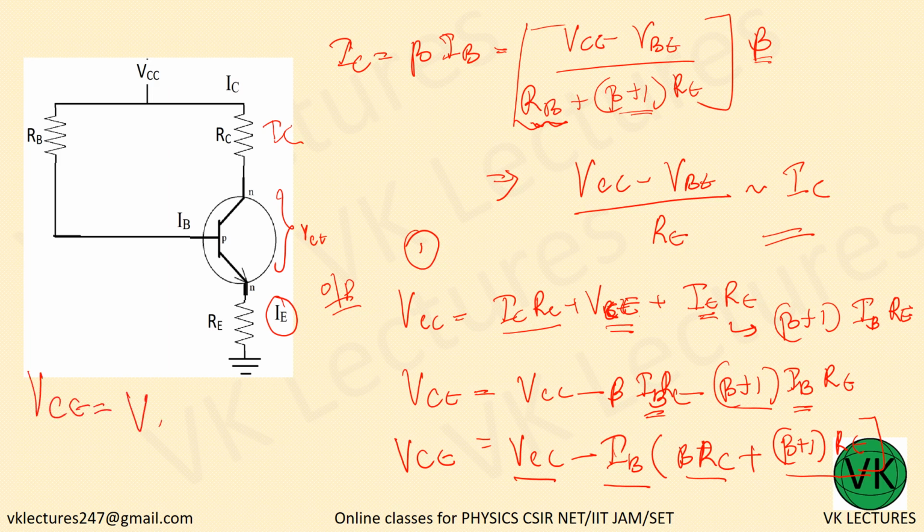VCE equal to VCC minus ICRC minus IERE, right? So that is equal to VCC minus, considering IC and IE are same, IC into RC plus RE.